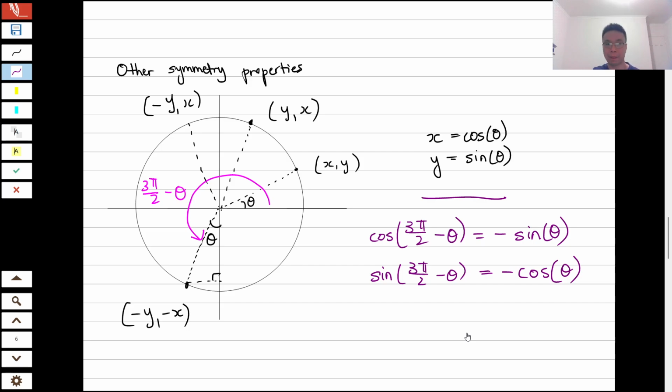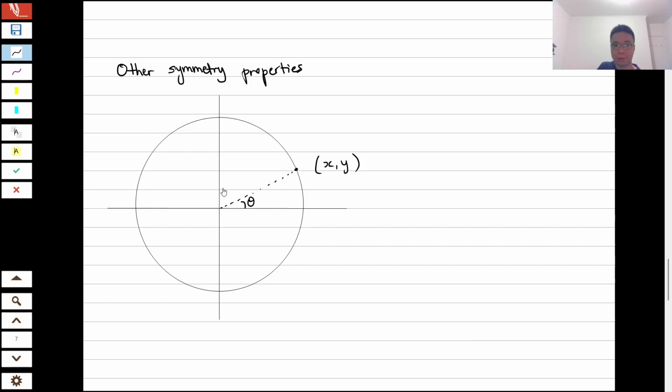And finally, we have taken the inverse, y comma x, and this time I can just do a reflection about the x-axis like so. So this is my new angle theta down here. And with the reflection about the x-axis, I transform to y comma negative x.